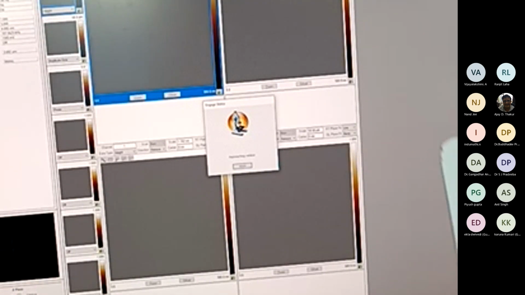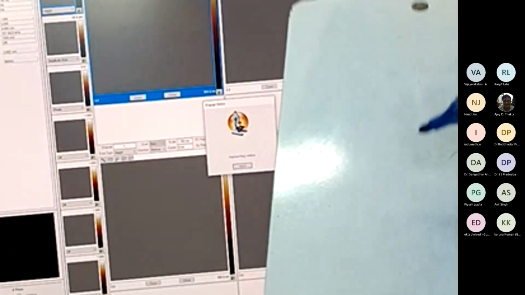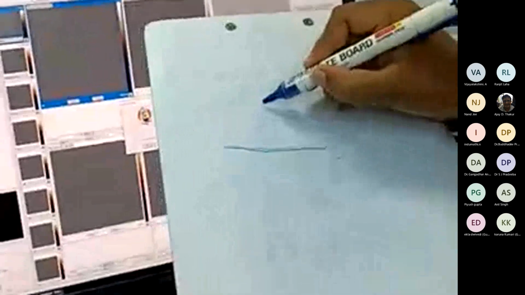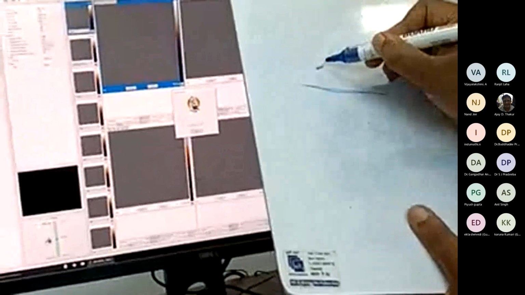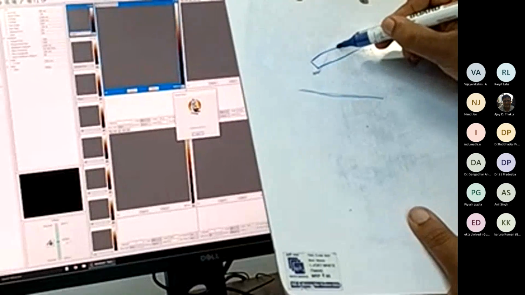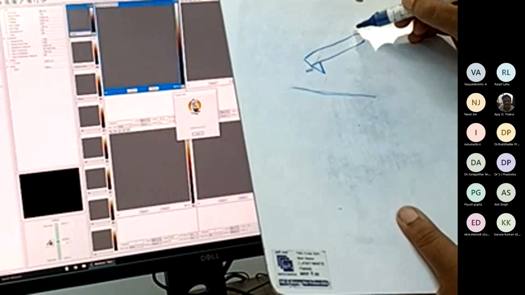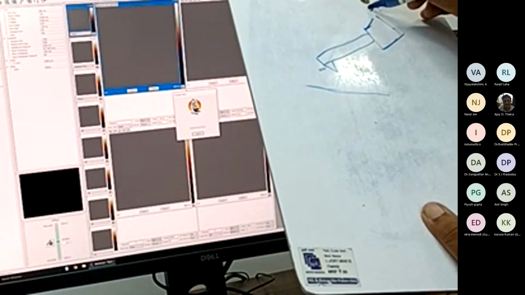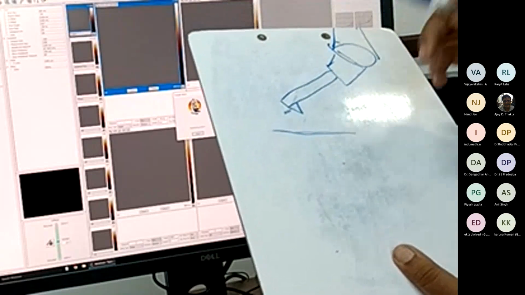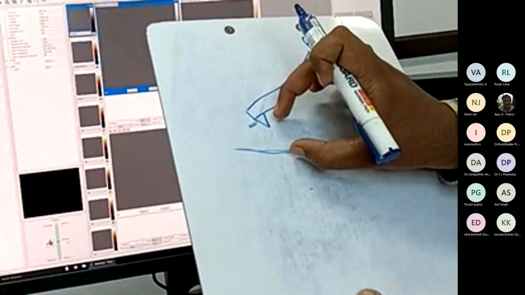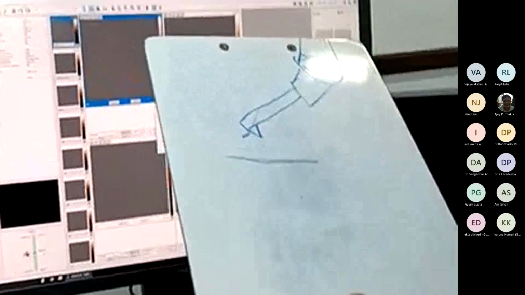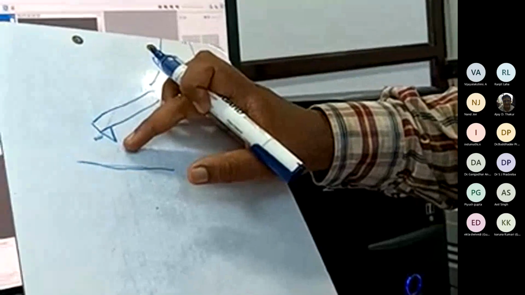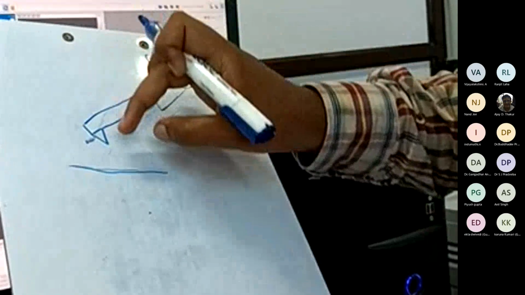Okay. So what it does exactly, suppose this is our sample, and this is our cantilever. Our cantilever is attached to a piezoelectric material. Suppose initially the distance r is very large, so it goes a little bit and experiences the force. If it experiences no force, it again goes down.